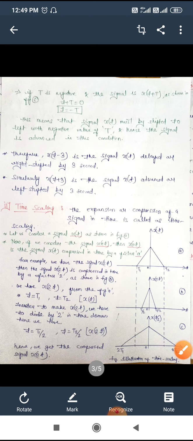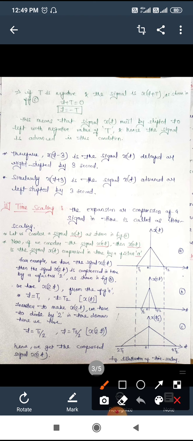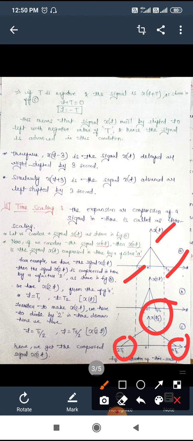So what we get, as you can see in the figure, is 2t1 and 2t2, because earlier we had t1 and t2 in x(t). We get this expansion of the x(t) diagram.